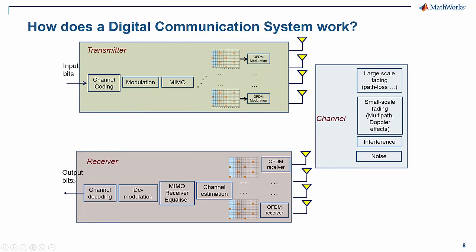Sometimes these output bits could be same as the input bits, but most of the times they have errors. And we need to make some sense of the signal which we have recovered. So that is typically how the digital communication system works.